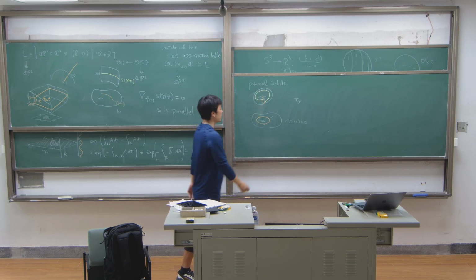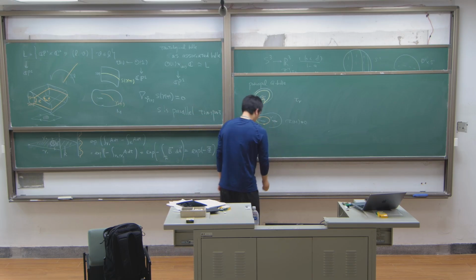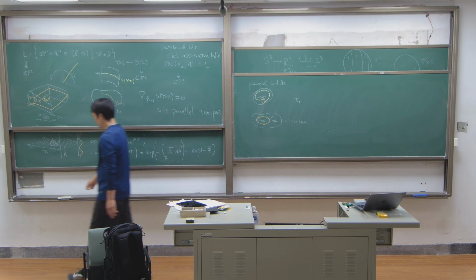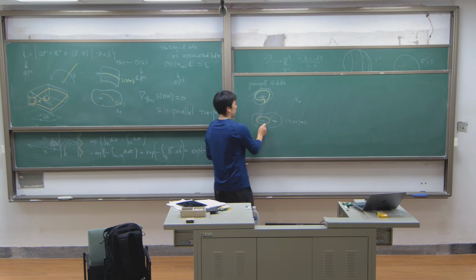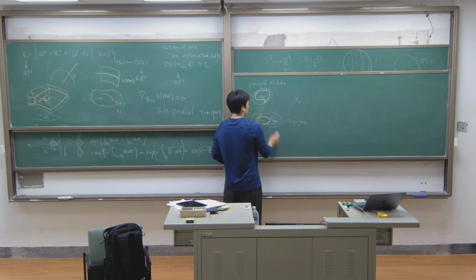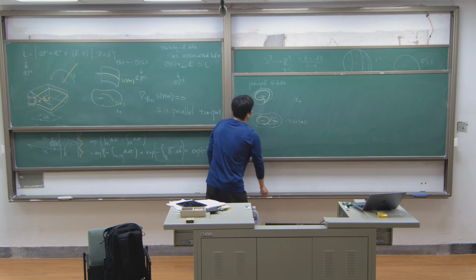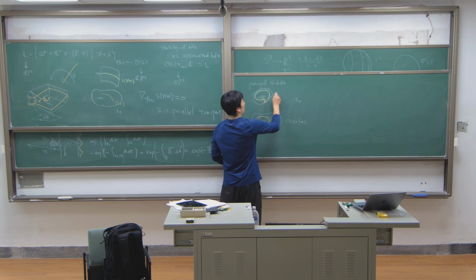And if you have another element of the fundamental group, we have it like this way. Again, you start with this one and then just come back to here, you get like this one.